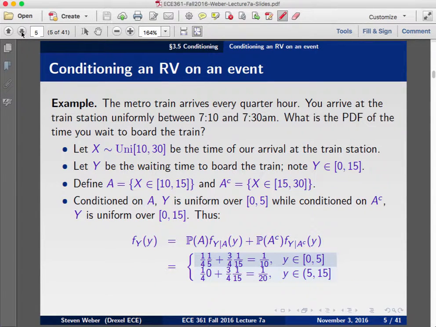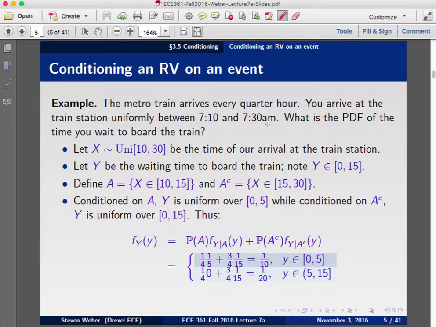Let's do an example to illustrate these concepts. The idea in this example is that the metro train is arriving every quarter hour, and in particular at 7 a.m., 7:15 a.m., 7:30 a.m., 7:45 a.m., etc. Because of variability in your schedule, you arrive every morning at the train station uniformly between 7:10 and 7:30, a 20-minute window.